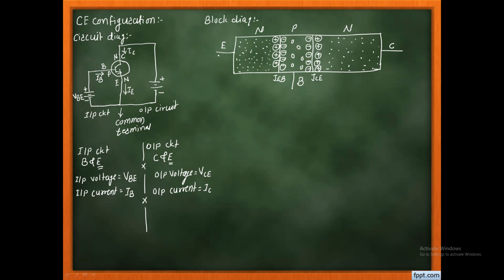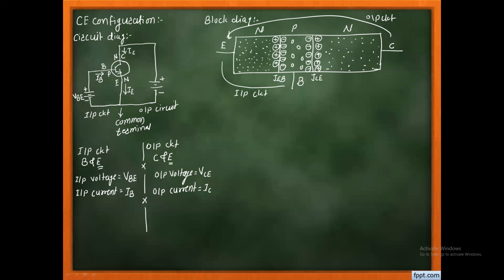Okay, and as we have to connect the emitter as a common terminal between the input and output circuit, the emitter to base acts as the input circuit, and collector to emitter acts as the output circuit.